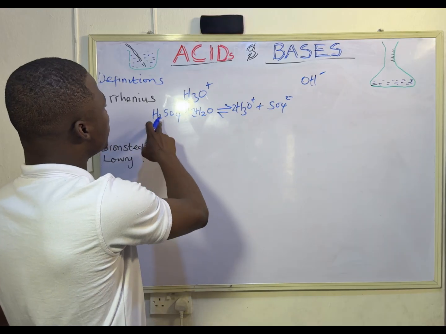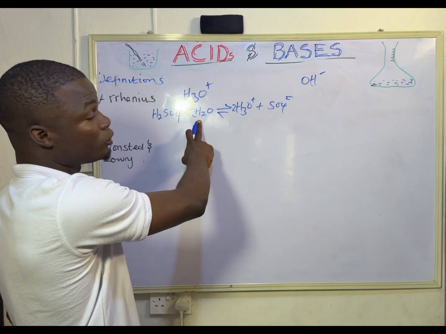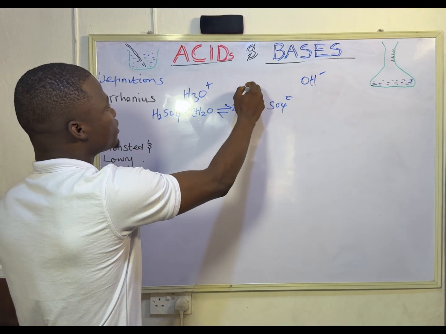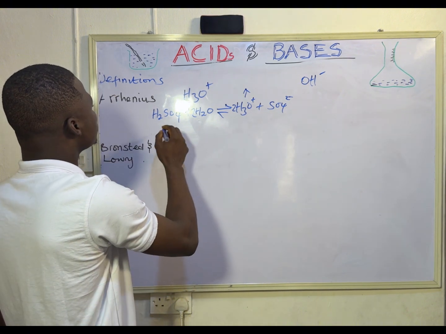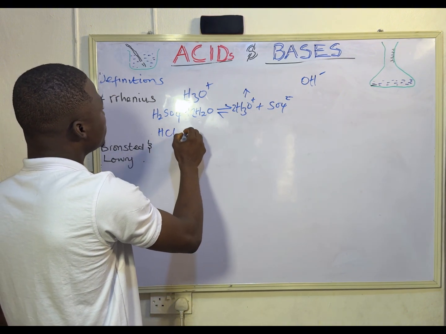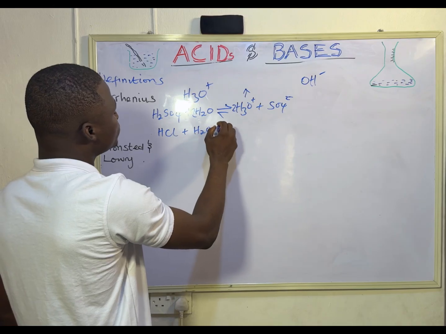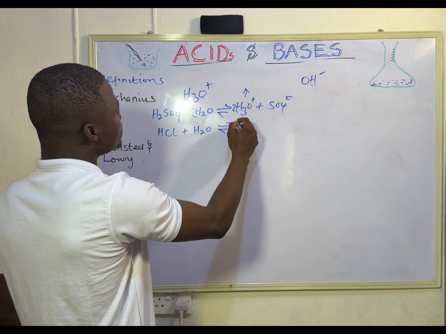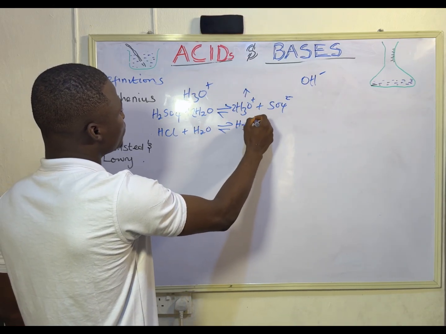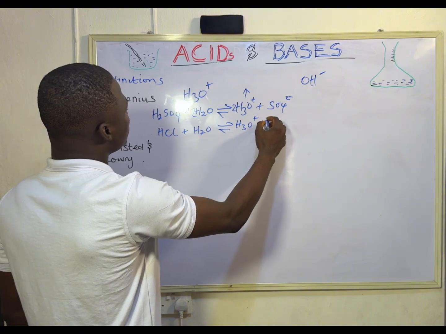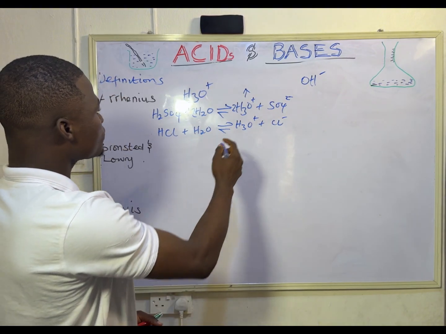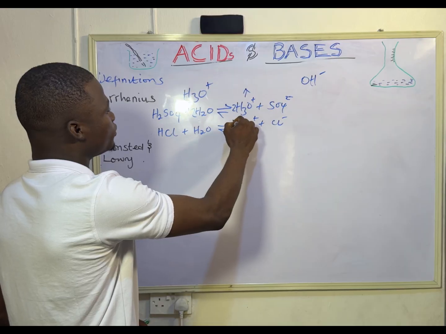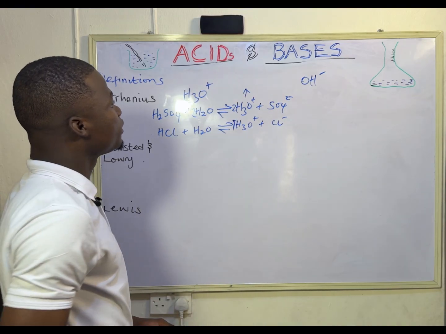As you can see, when H2SO4 is dissolved in water, it increases the concentration of H3O plus. The result is the same with HCl: HCl plus H2O gives us H3O plus and Cl minus. So this is H3O plus.